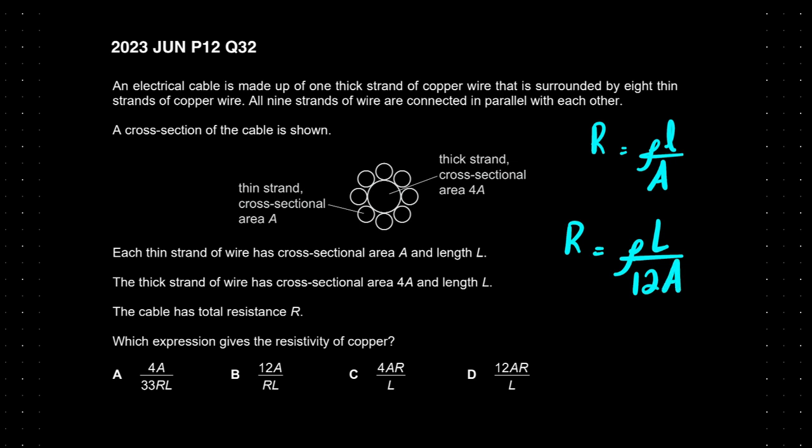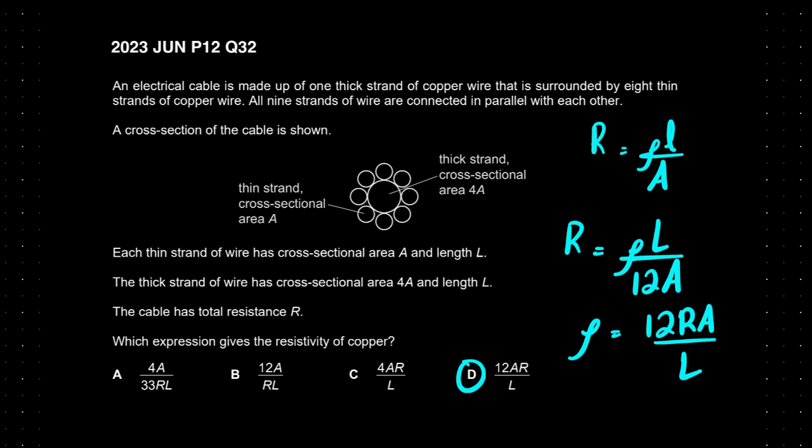This is the easiest way to do this. And now from this you just need resistivity, so that's going to be 12RA over L. All right, so then you just select this one and that's your answer.